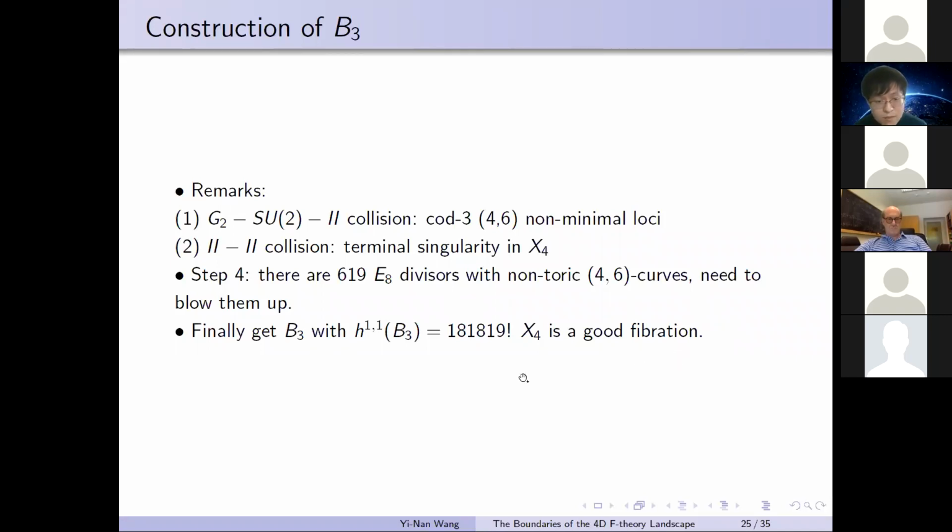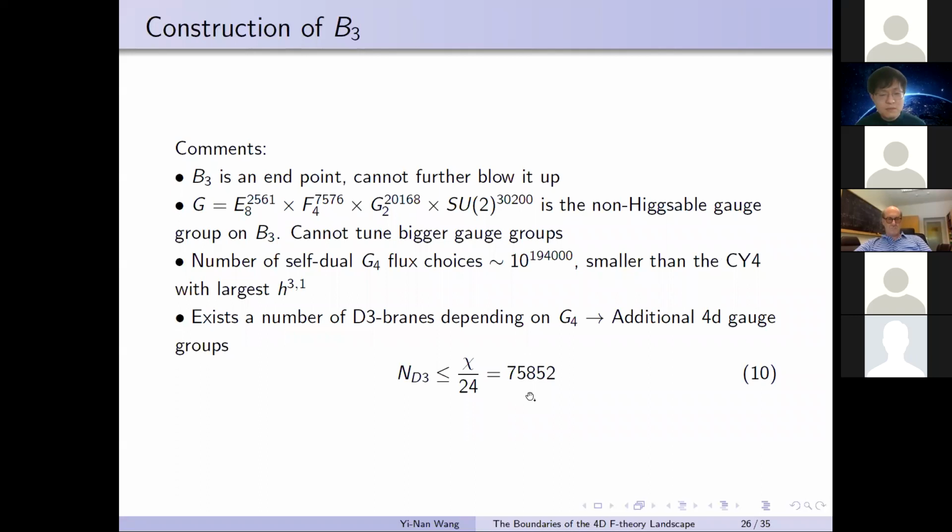So now I'm going to make a few remarks, both mathematically and physically. The first one is, as I mentioned in this random blow-up approach, this particular base threefold is also an endpoint base, but there's no way to further blow it up to get another sensible F-theory base.